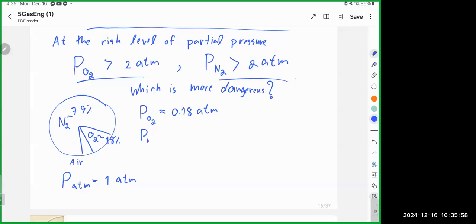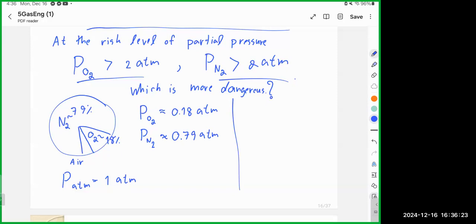However, for nitrogen, it's around 0.79 ATM. When you go deeper and deeper, the partial pressure of nitrogen would touch 2 ATM before the oxygen.